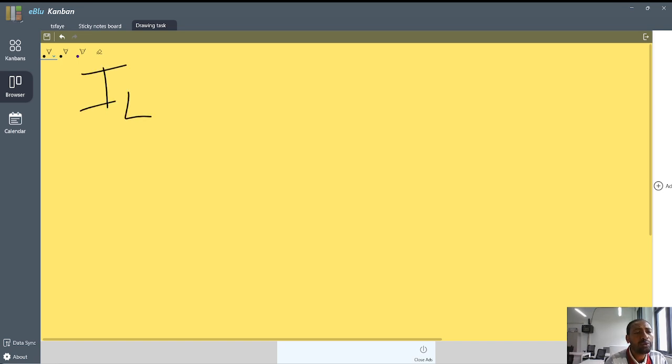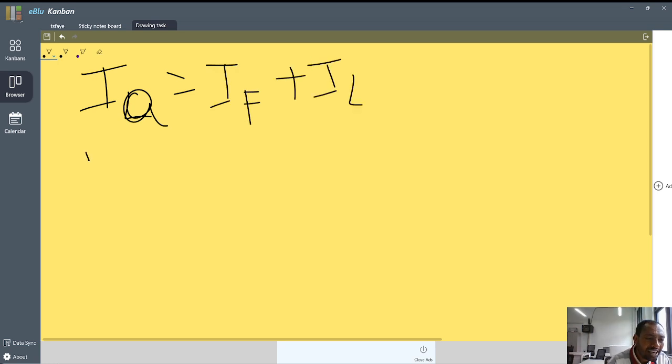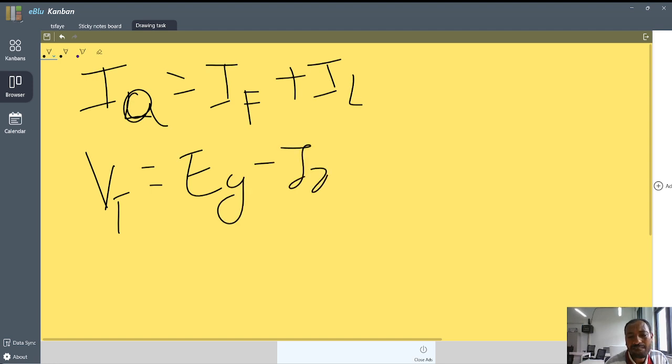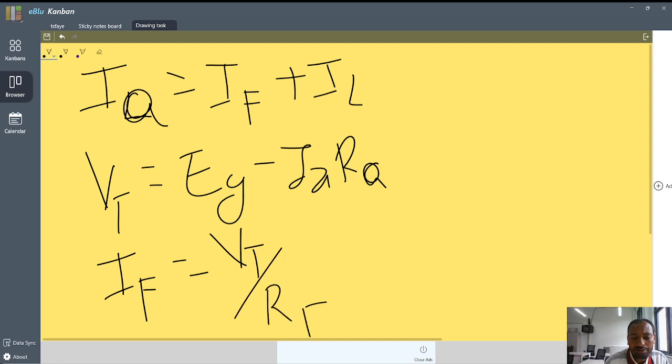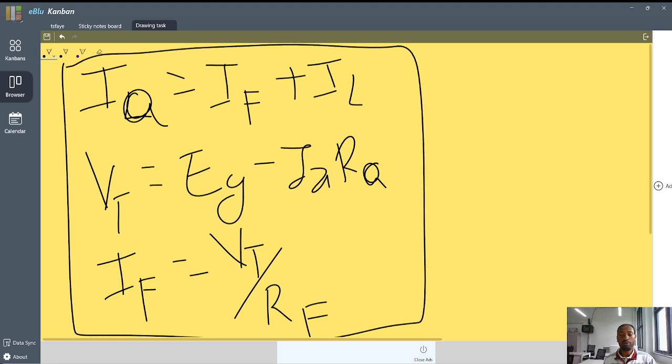Just to remind you, IA, the armature current, is IF plus IL, and the terminal voltage VT is EG minus IA RA, and IF is going to be VT divided by RF. These are very, very important equations to have in mind always when you think of shunt DC generators.